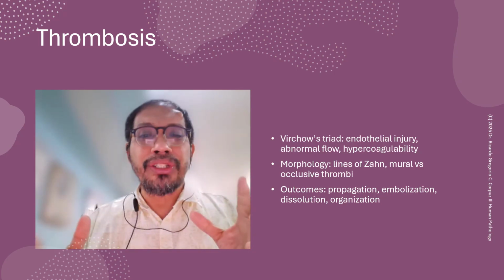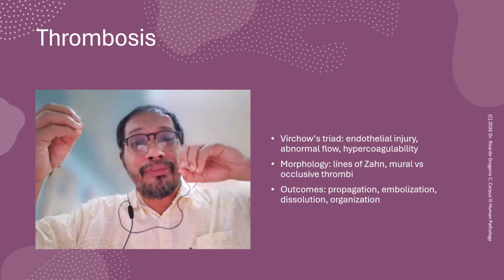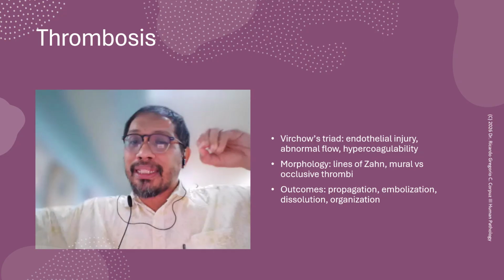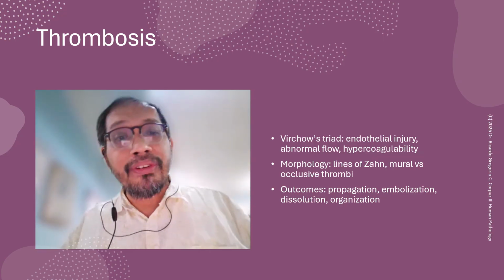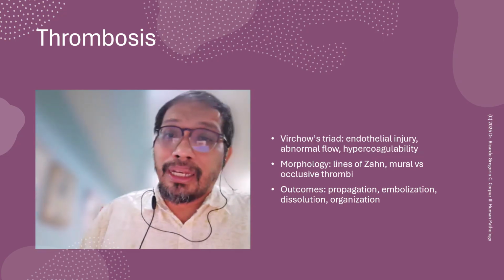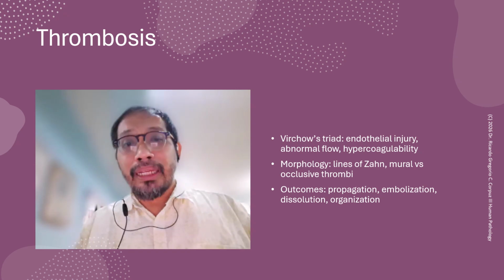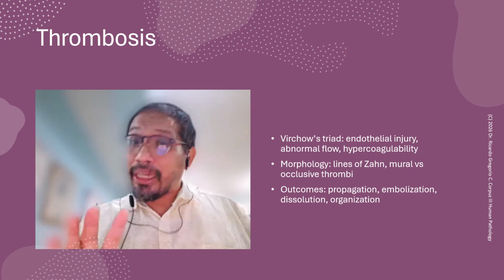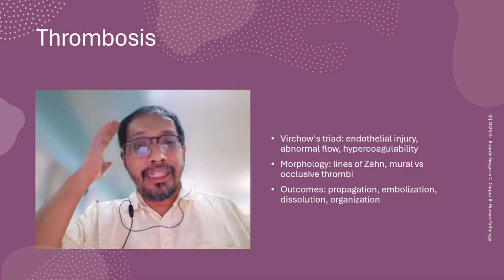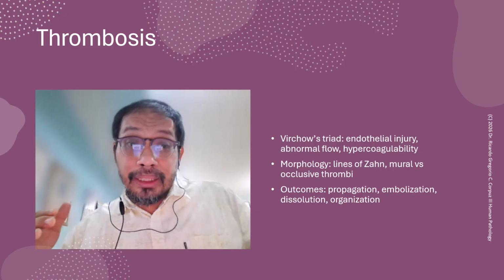Next is embolization. A portion of the thrombus breaks off and travels to a distant site. Venous thrombi typically embolize to the lungs, while arterial thrombi may lodge in organs such as the brain, kidney, or spleen.